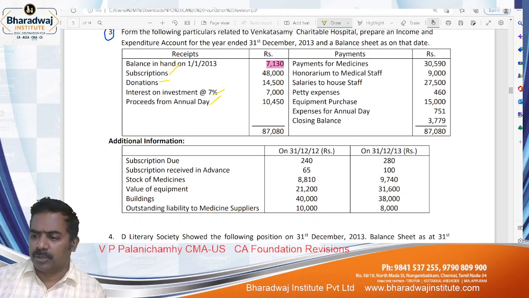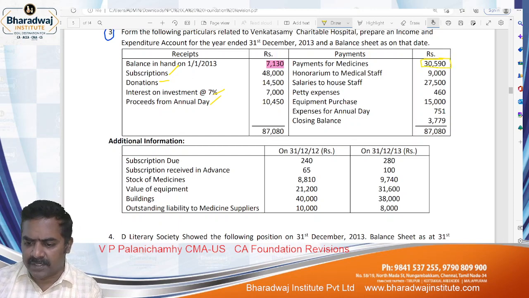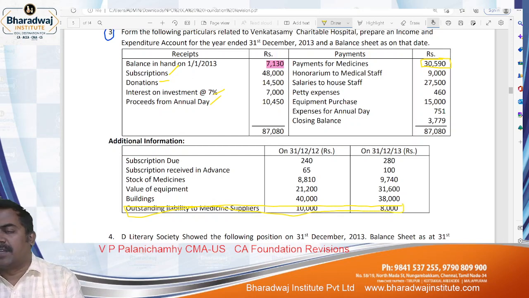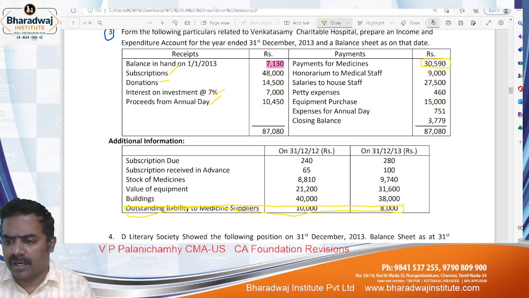Payment for medicine is given. Don't take it as an expense. Wait. We are given creditors for medicines, the last line item, the outstanding liability for medicine supplies. That is nothing but creditors. So you have to prepare the creditors account and find the purchases. Then honorarium to medical staff is an expense. House staff is an expense. Petty expense is an expense.